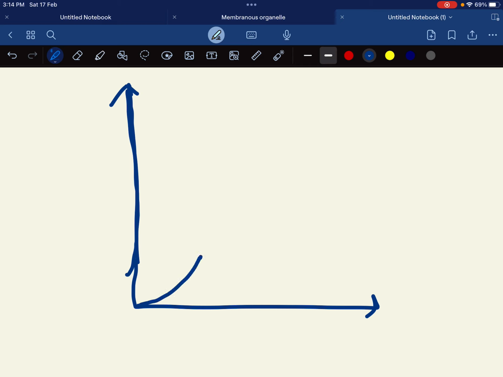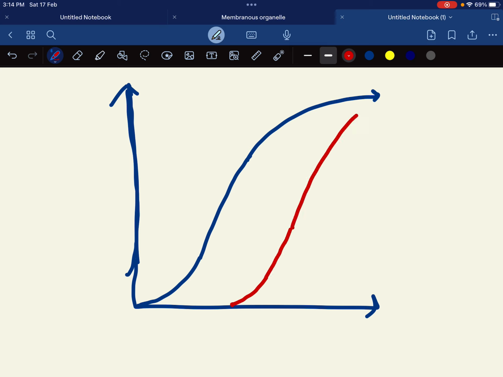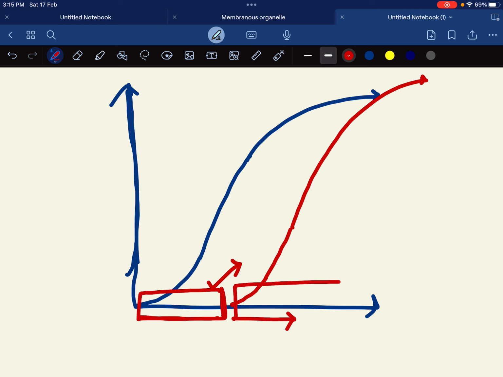Say this one is my effective response curve, and obviously this one can be my toxic drug response curve. Then you can see that up to this margin, the drug is safe. The drug is safe for you. But above this margin, there might be a question whether the drug is safe or toxic.